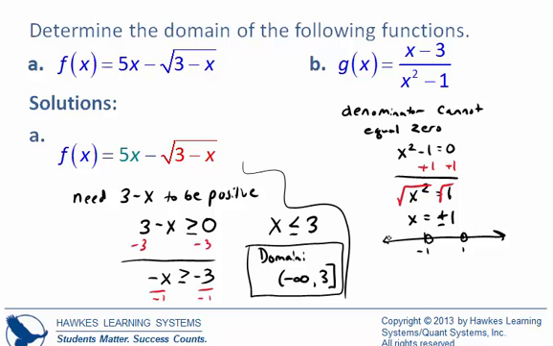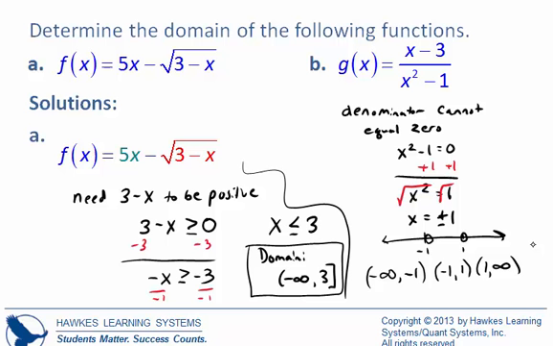So I'm going to start with negative infinity, and I'm going to run all the way up to negative 1, but I'm going to use a parenthesis here because I don't include the negative 1. Then the middle section is going to start on the other side of negative 1 and continue until we get to 1, again not including the 1. It's going to skip the 1 and start on the other side of 1 and go to infinity.